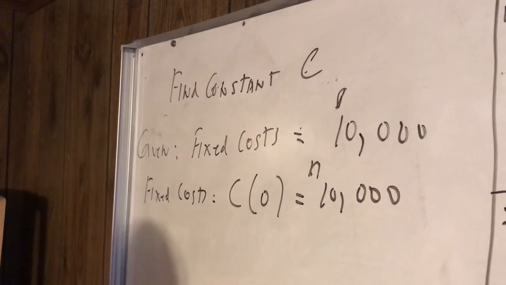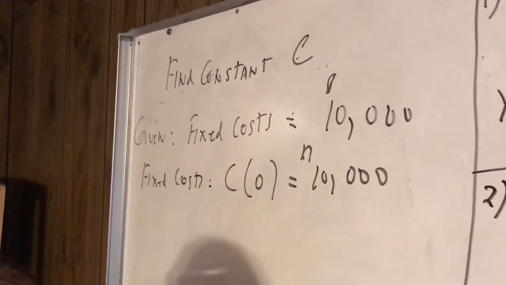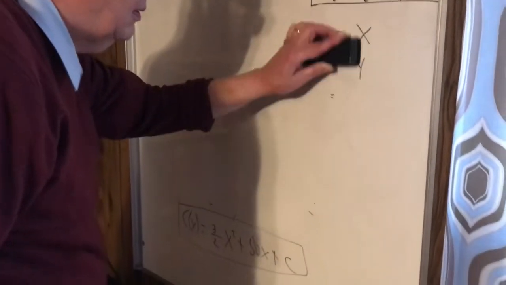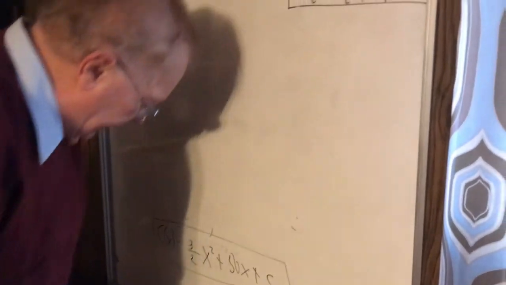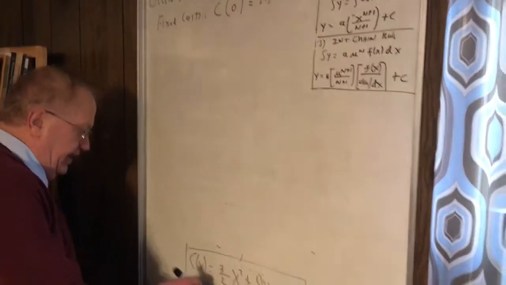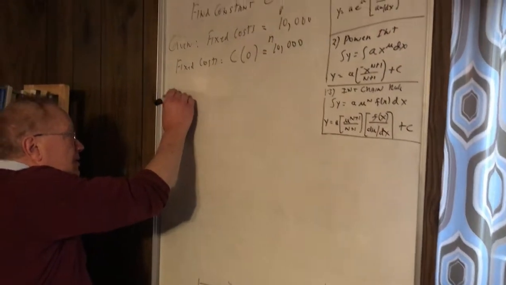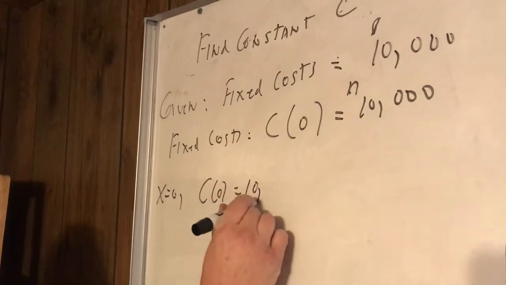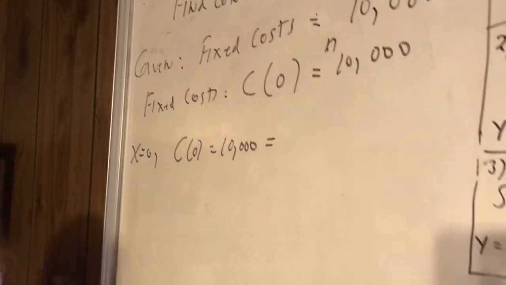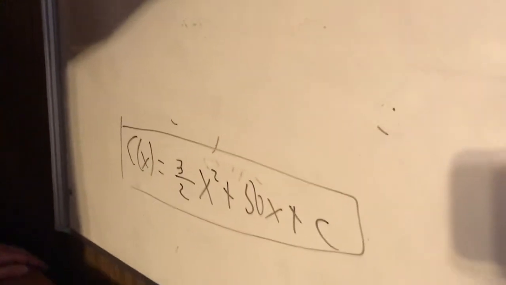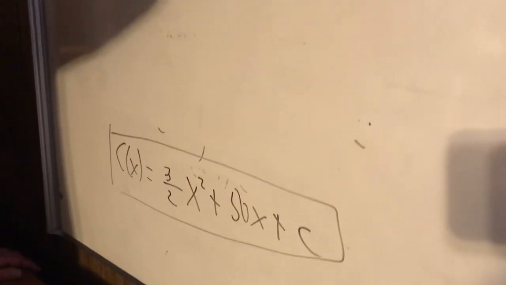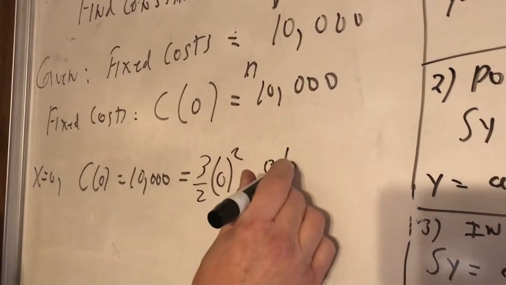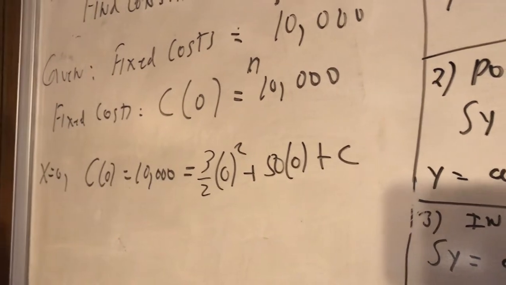Now, in order to find that, I'm going to erase this and just have my answer here. That's all I need. In order to find that, I have to put in x equals 0. I know that C(0) equals $10,000, and that's going to equal my function here: 3/2 times 0 squared plus 50 times 0 plus c.